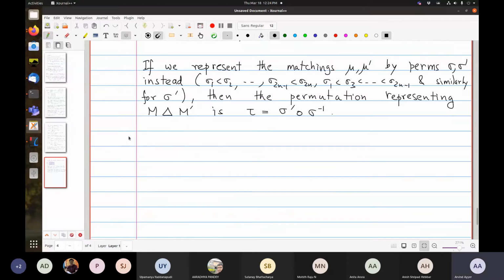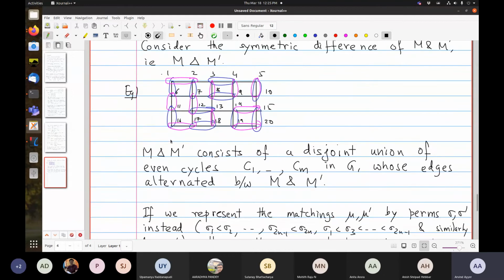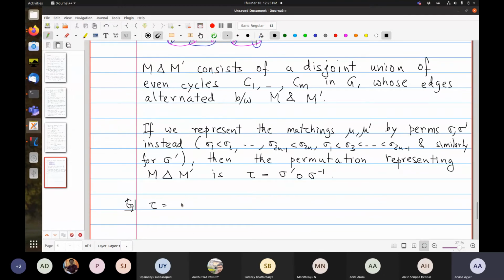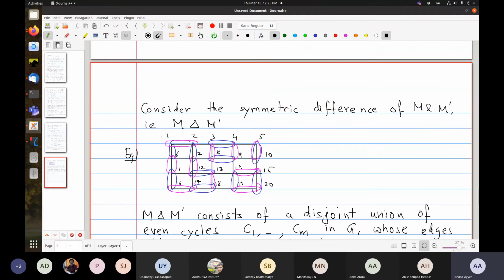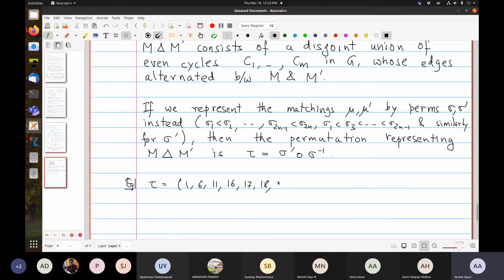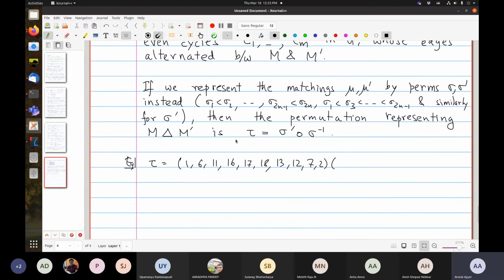So in this example, tau is the permutation, in cycle notation, 1, 6, 11, 16, 17, 18, 13, 12, 7, 2, and then 1. That's one cycle. The other cycle is, let's say, 3, 4, 9, 8.